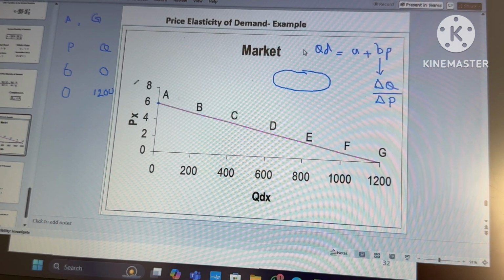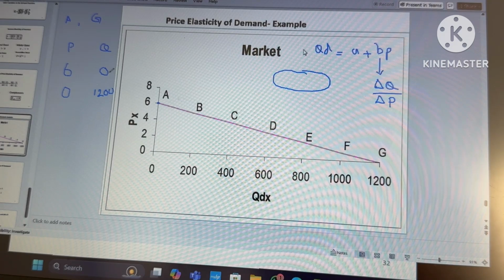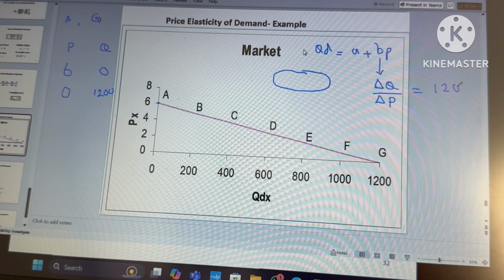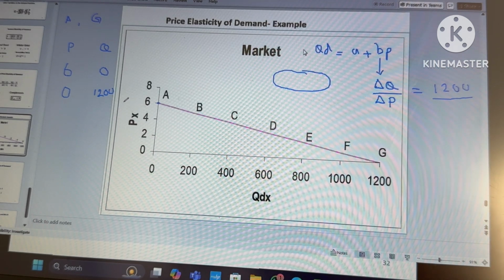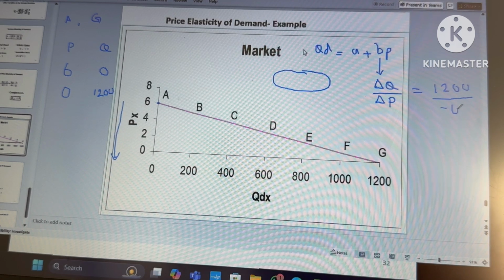What is delta Q? If you move from A to G, what is delta Q? 1,200. What is delta P? 6. You be careful, you know? Minus 6. Price reduces, right? It's minus 6.